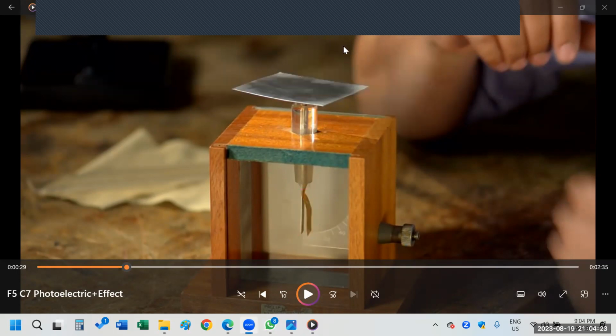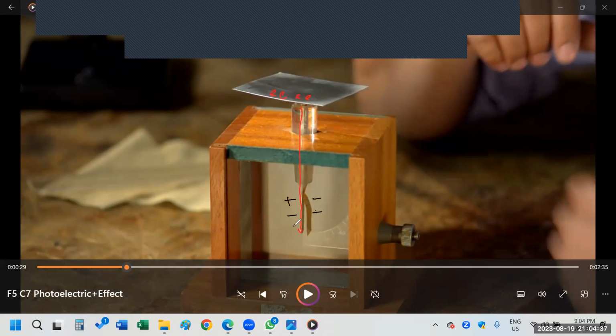But according to the photoelectric effect, when electrons are released by the light, electrons are negative, so there is extra negative charge here. So the leaves would diverge because like charges repel.